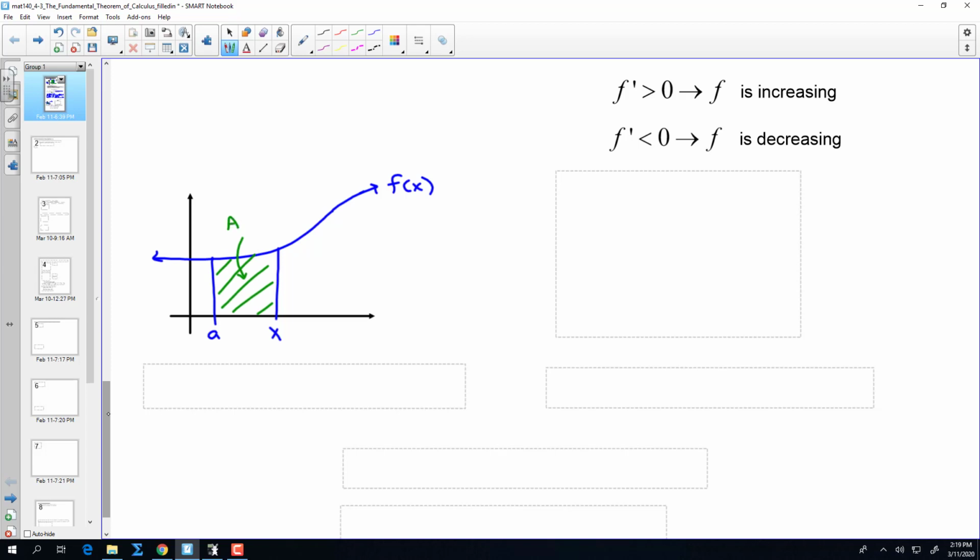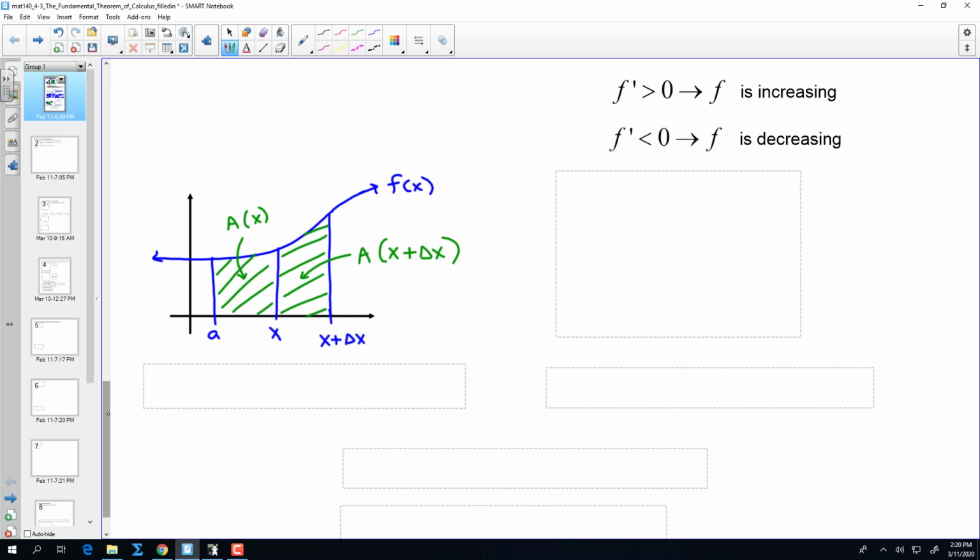So that is A of x. Now, if we increase x by some specific value, so if we increase it by some delta x, what that does is it increases the total amount of area between a and that value. So now this total green area is A of x plus delta x.